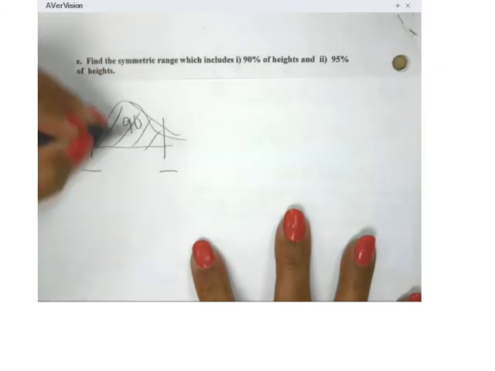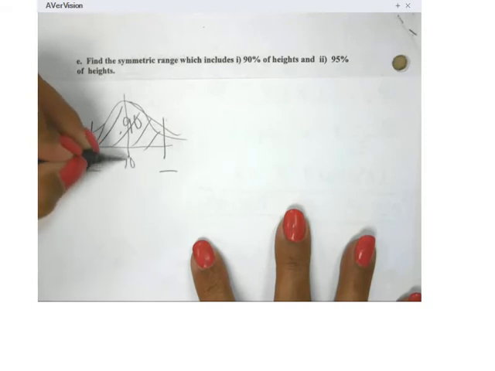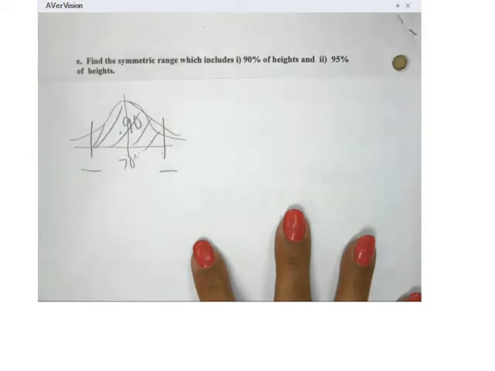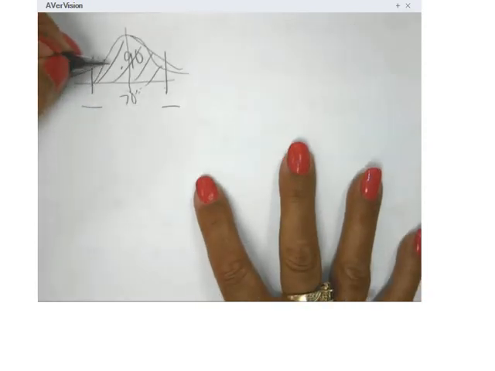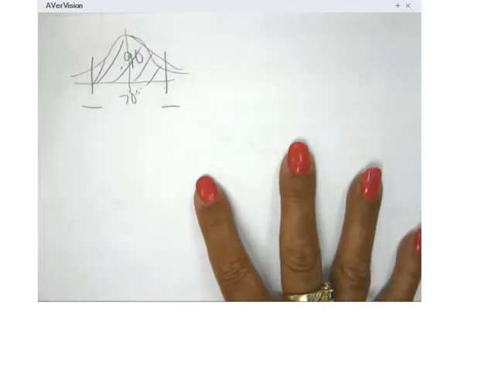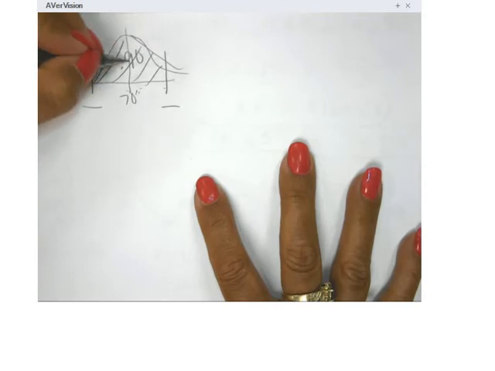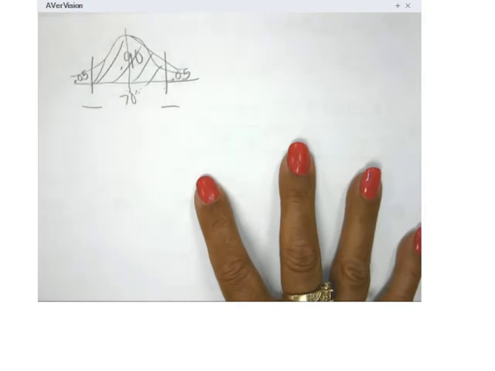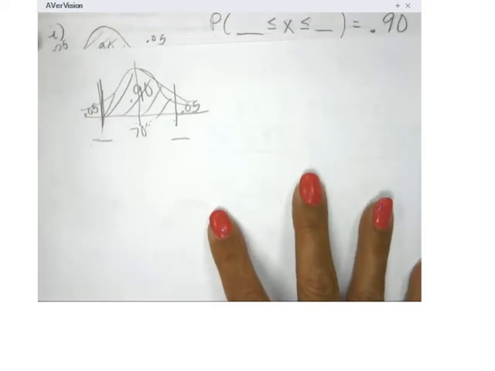So there are two scores I have to find here, and we know the center is at 70 inches. I need to know how many standard deviations away to go. And remember, if the area underneath the whole curve is 1, I'm missing 10%, so 0.05, or 5%, has to be down here, and 5% has to be up there. I need to find that z-value and that z-value, and they're just opposites.